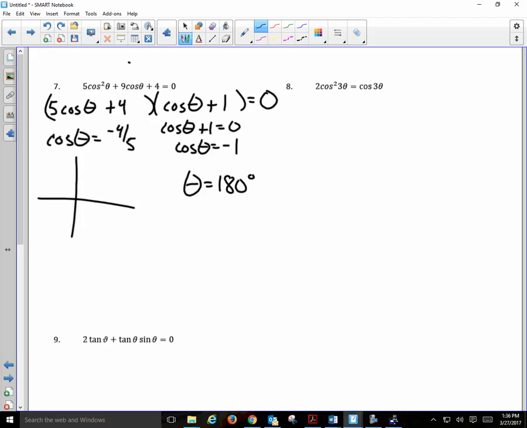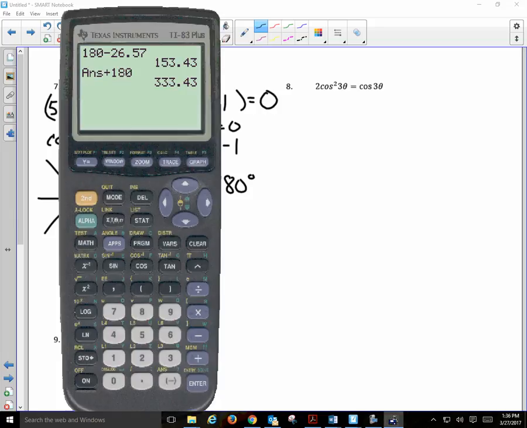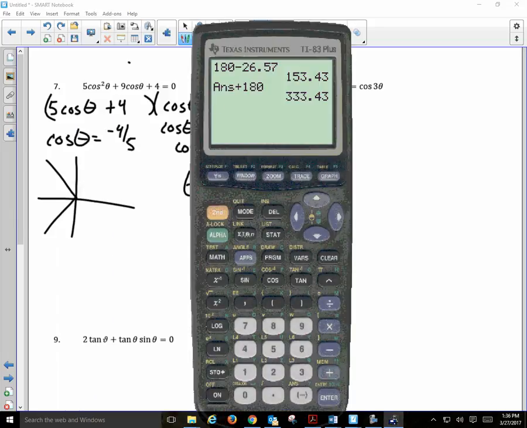Well, now I've got to put in some extra work. In which quadrants is cosine negative? Second and third. Inverse cosine of 4/5, 53 something probably. And I get 36.87.